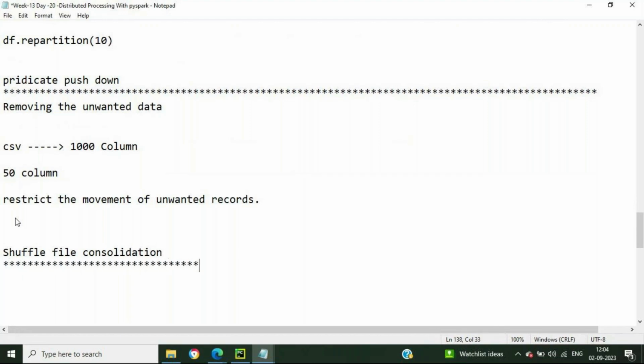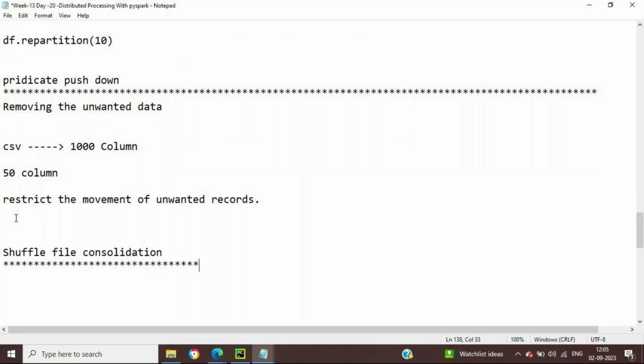What is happening inside Spark? Once we apply a filter, or column pruning, or removal of rows, the data size will decrease and we will have small files. Spark does not work well with small files. If we have files in KBs, Spark will not give good performance, because big data solutions are not good at working with small files.